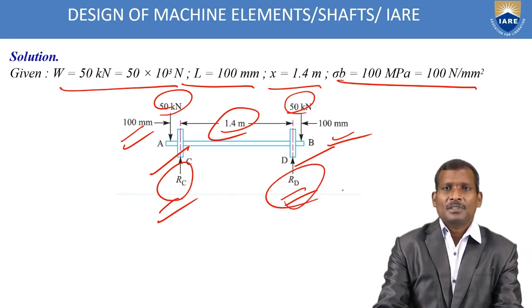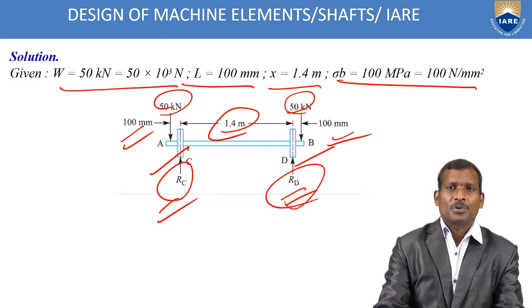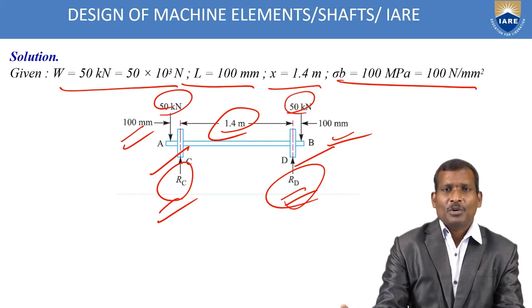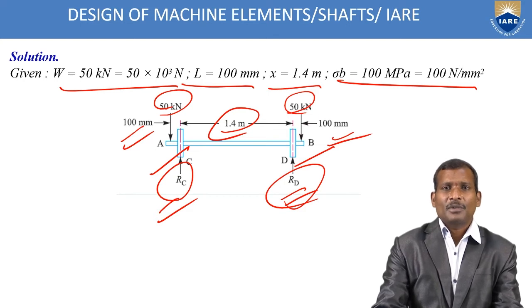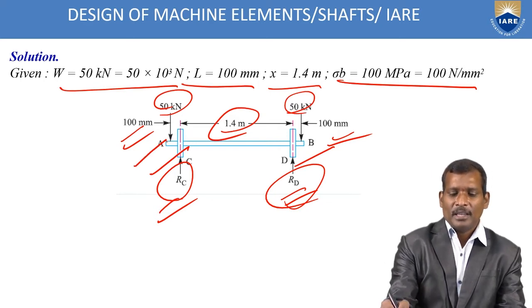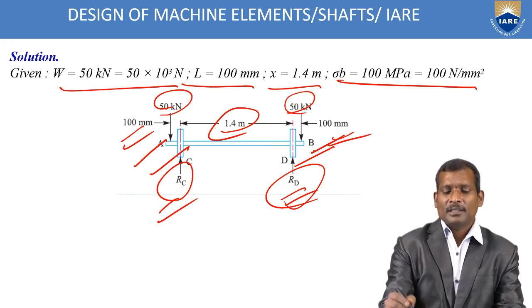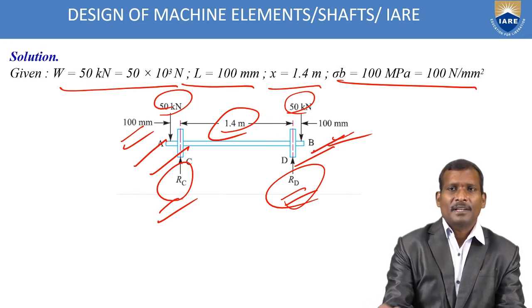You should calculate these reaction forces. The summation of upward forces is equal to the summation of downward forces. Then only the system will be in equilibrium. Clear? Here the ends are marked A and B, and C and D.